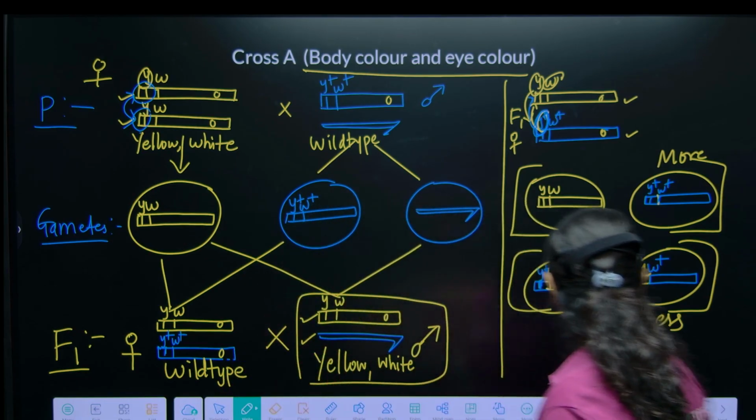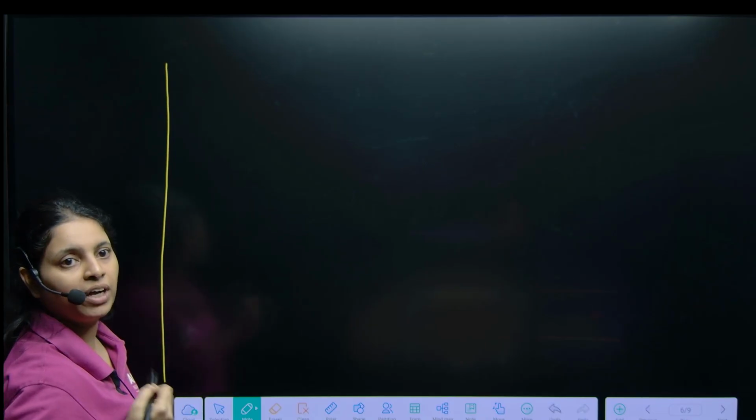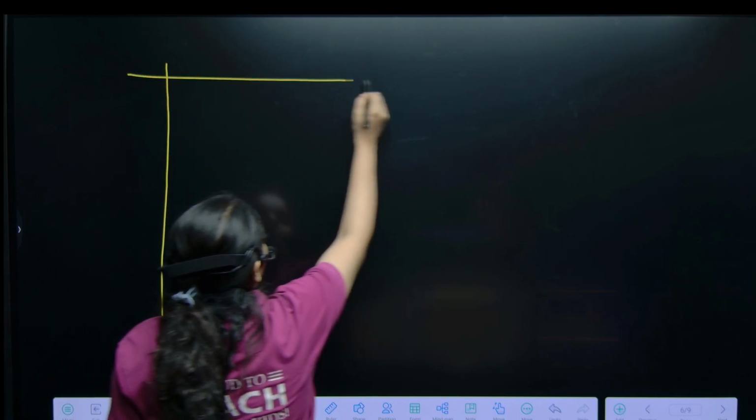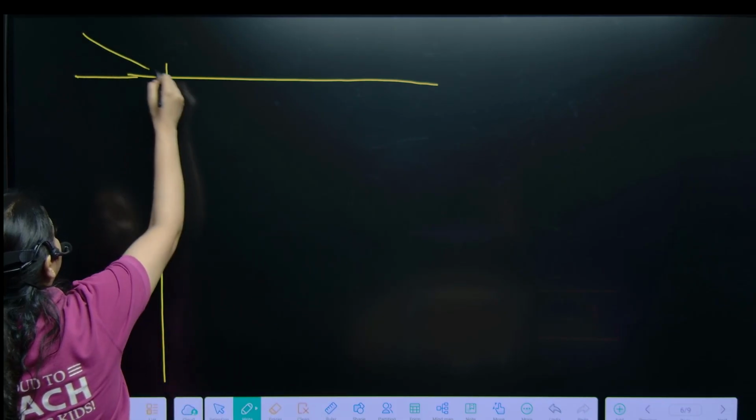Okay, so let's draw another table to understand this. I will write all the gametes. See, if you draw this by your own hands to understand, then once you can visualize everything, it is very easy. So we will draw everything step by step. Okay, let's mention all the gametes.